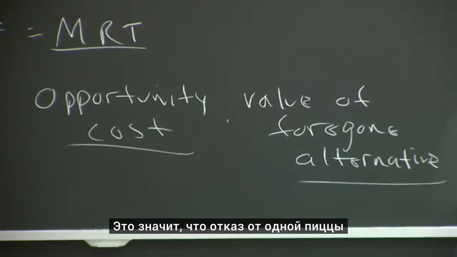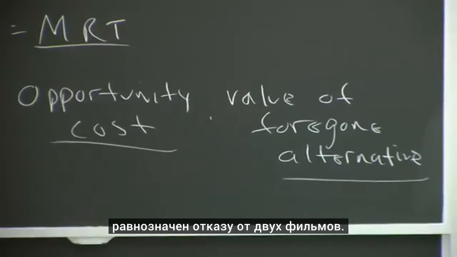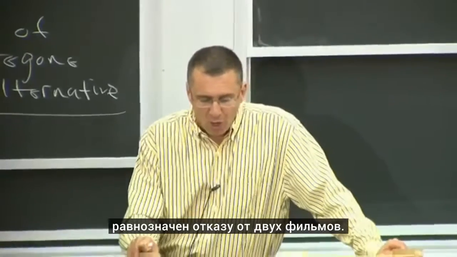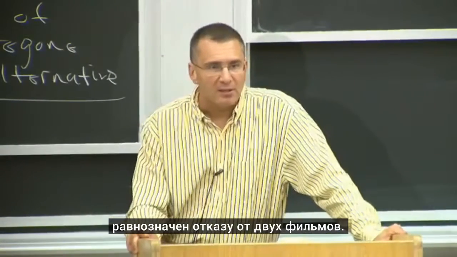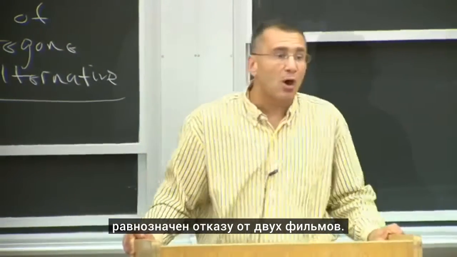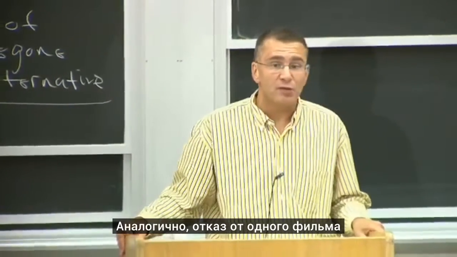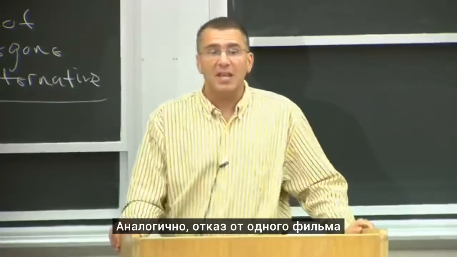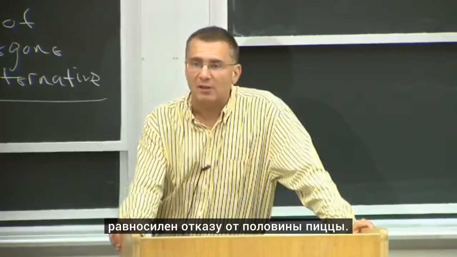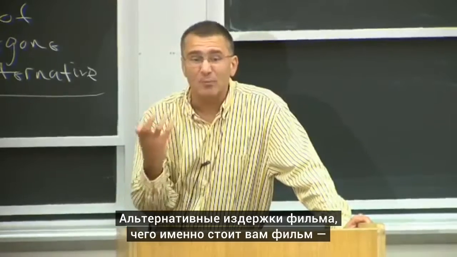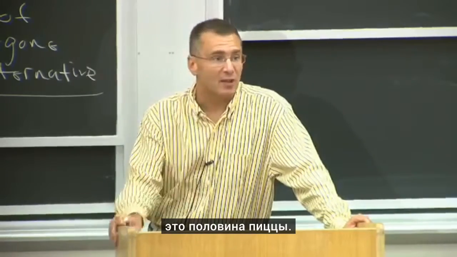So basically what that means is if you decide to forego a pizza, then that's the same as foregoing 2 movies. Or likewise, if you decide to forego a movie, it's the same as foregoing half a pizza. So the opportunity cost of a movie, what essentially the movie is costing you, is half a pizza.